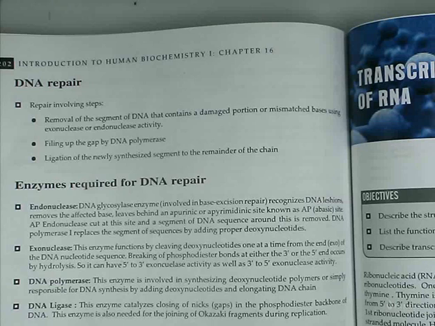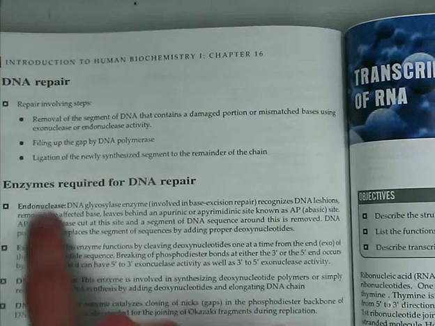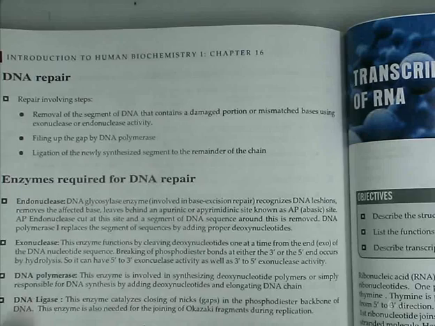But it can take it out, and DNA polymerase will just try it again. If the train track is broken, it can just come in and take that one piece out and replace it with another piece. And then ligation to the rest of it. It kind of just bandages it up together.